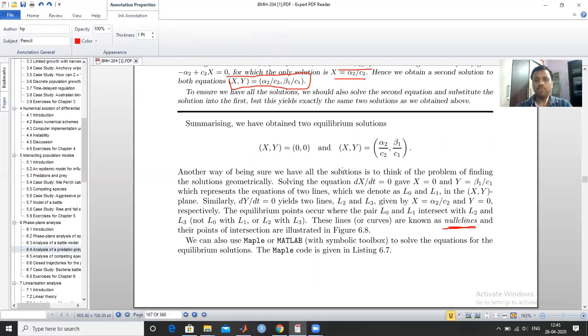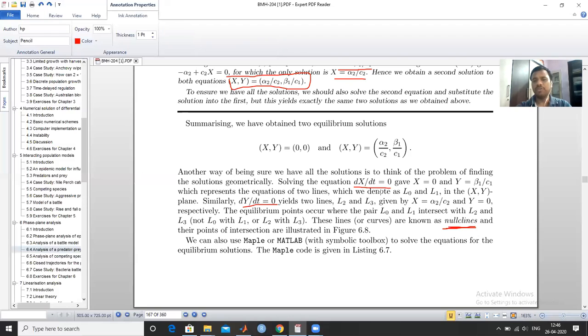If you put dx over dt equal to 0 and dy over dt equal to 0, then you will get some equations, some curves.